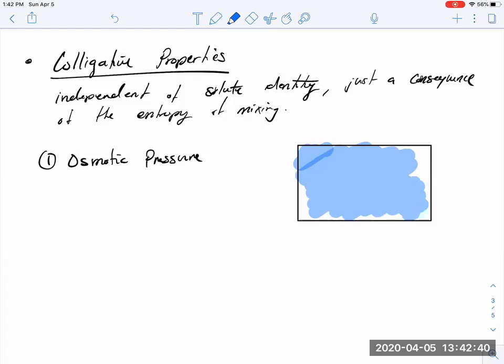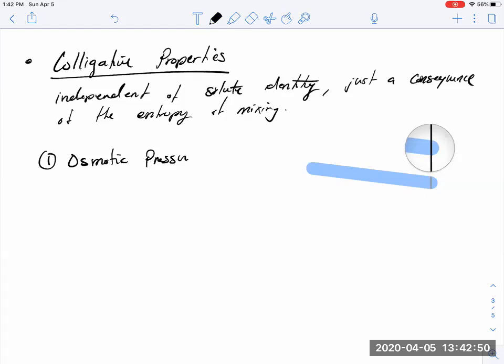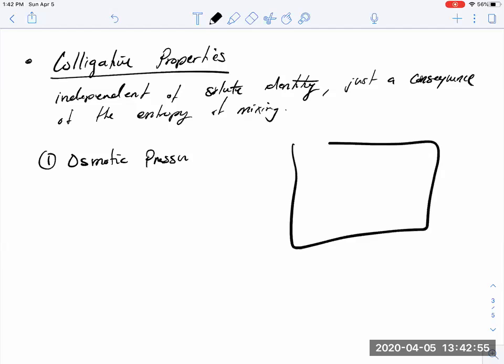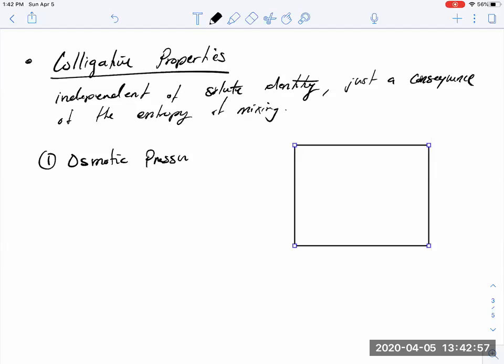So we have a solution of water everywhere in this little box.